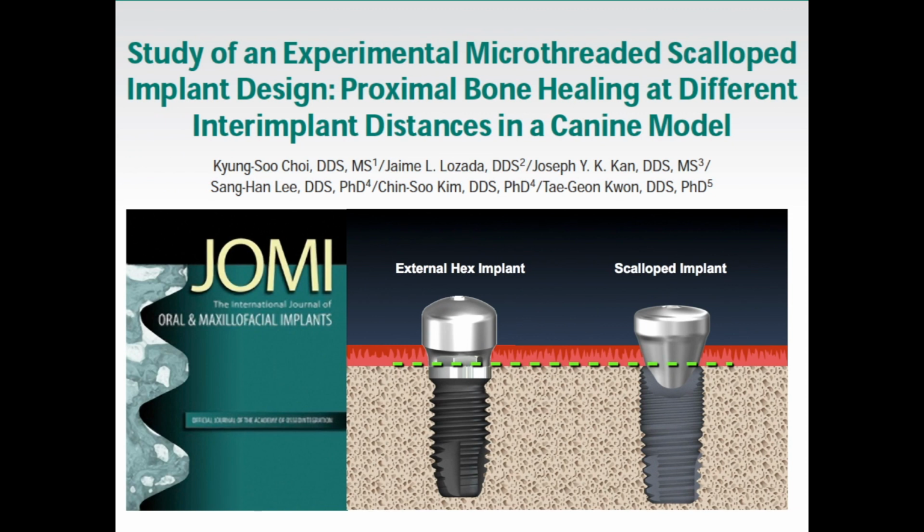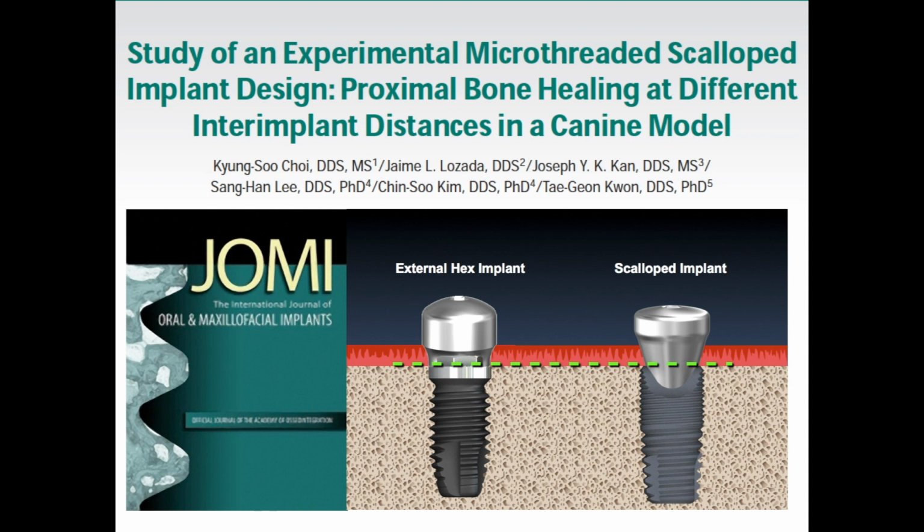Let me go over my animal study that was published in 2010. Since the first generation scalloped implant had more than twice the bone loss of an external hex implant, I needed to know how much bone loss occurs in the experimental scalloped implant that I was proposing.